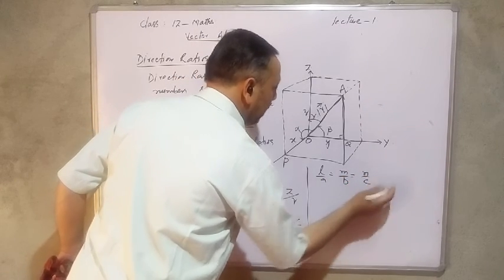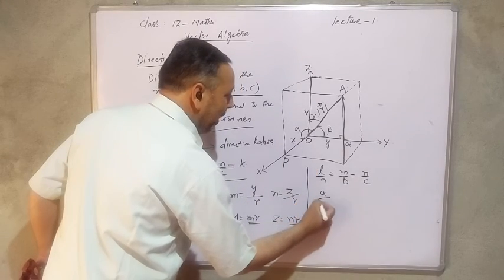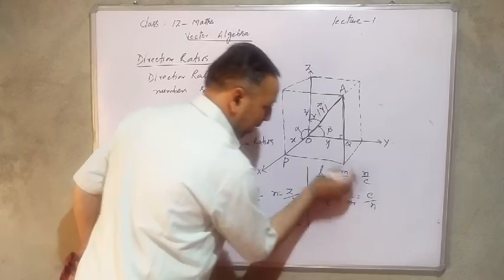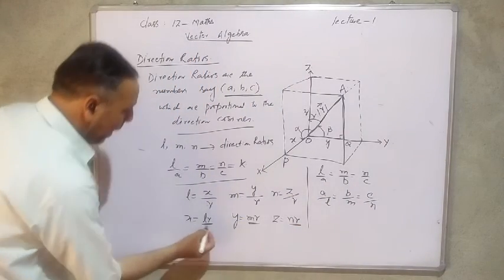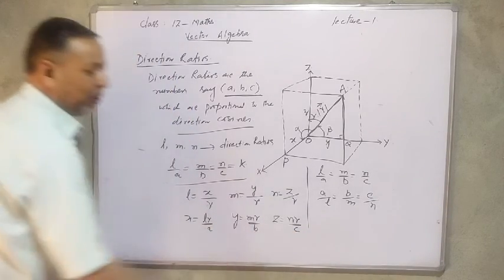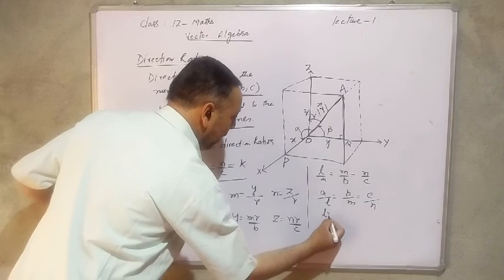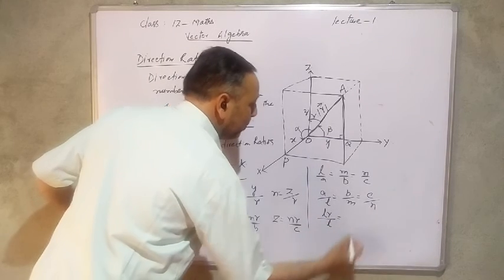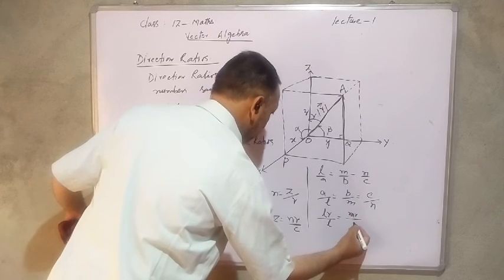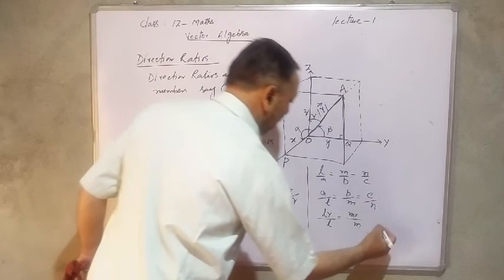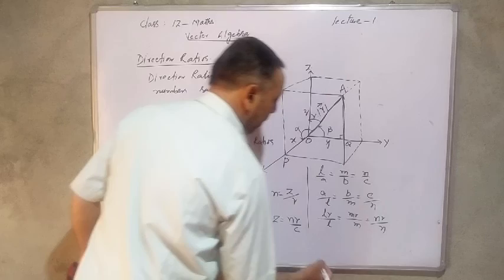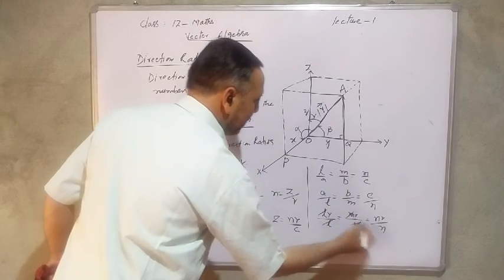Now this L by A is equal to M by B is equal to N by C can also be written as A by L is equal to B by M is equal to C by N. One and the same thing, proportional. Now this LR I take as A, MR as B, NR as C. It will be LR by L is equal to MR by M is equal to NR by N. Here L and L cancel, M and M cancel, N and N cancel.